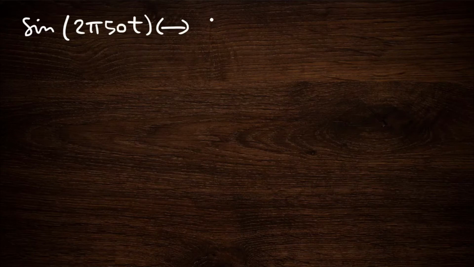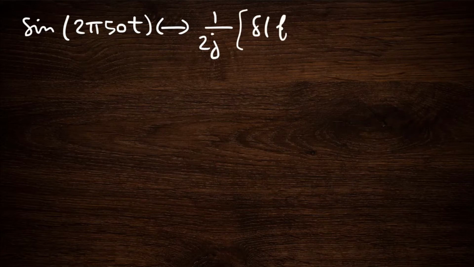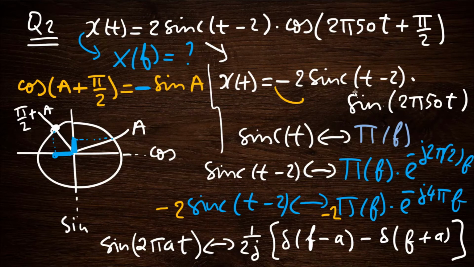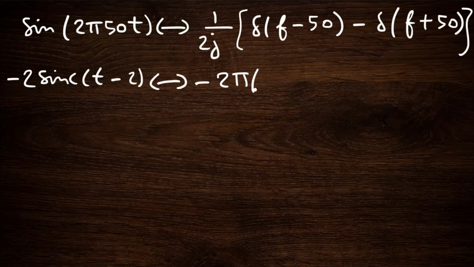So the Fourier transform of sine 2 pi 50 t is 1 over 2j times delta of f minus 50 minus delta of f plus 50. We have the Fourier transform of minus 2 sinc of t minus 2, which is minus 2 pi of f e to the minus j 4 pi f.